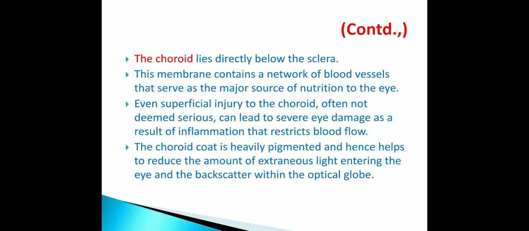It is going to arrest the blood flow to the eye. The choroid coat is heavily pigmented and hence helps to reduce the amount of extraneous light entering the eye and backscatter within the optical globe.